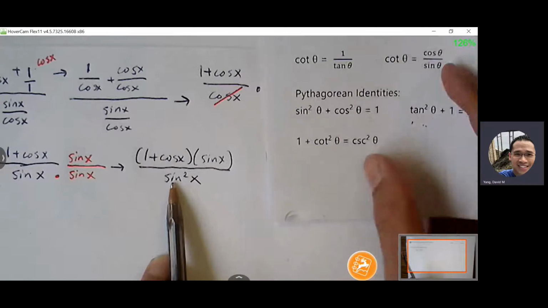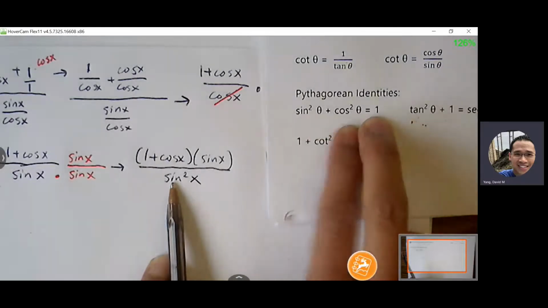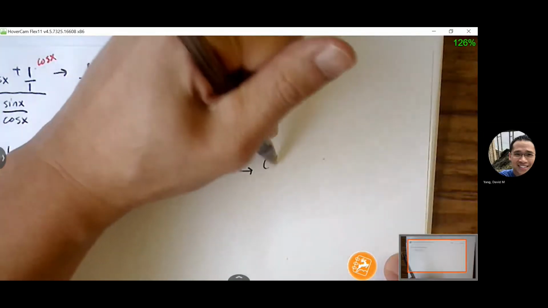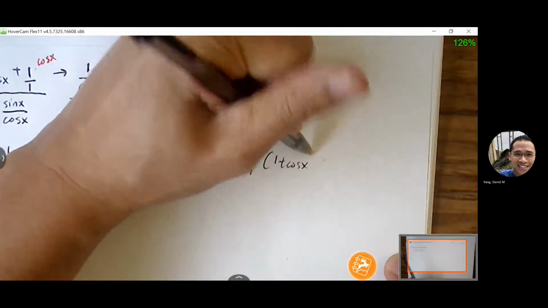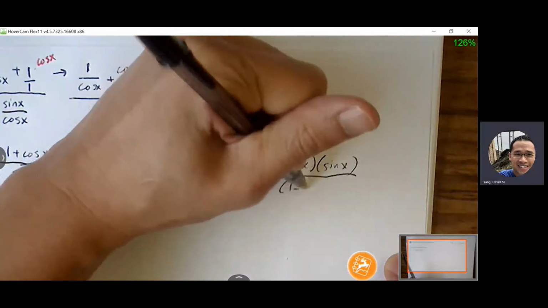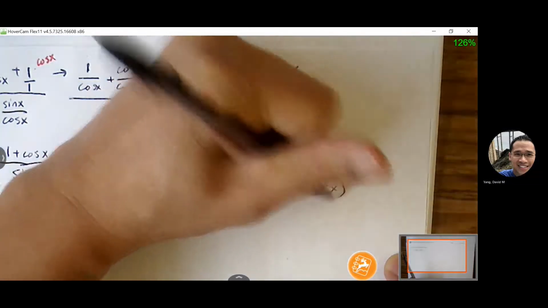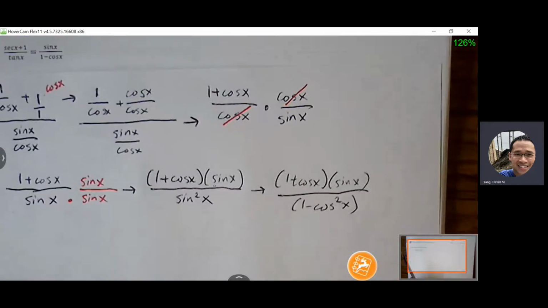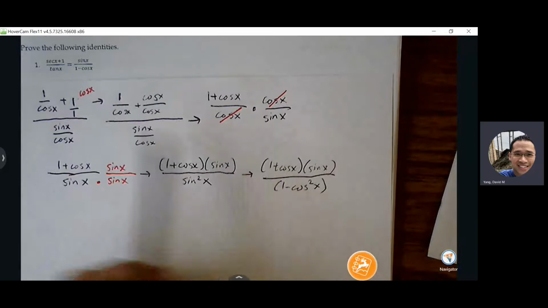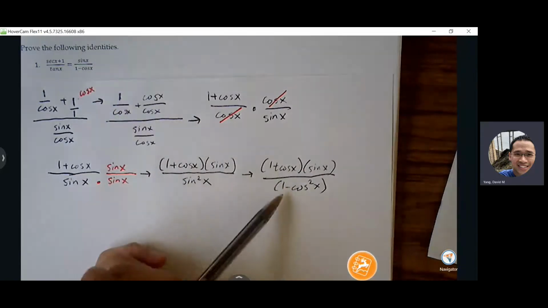Sine squared is the same thing as 1 minus cosine squared. So now this becomes a lot more familiar, because at least we have the right function in the denominator.